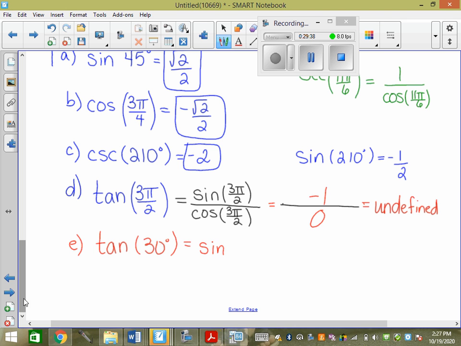Sine of 30 degrees over cos of 30 degrees. Sine of 30 degrees is what? Let me show you what you should not do. What's sine of 30 degrees? A half. What's cos of 30 degrees? Root 3 over 2.